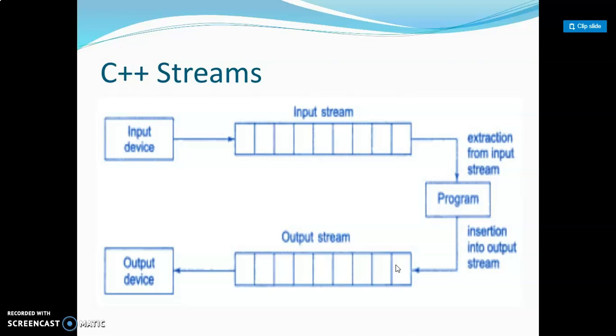As I said earlier, a stream acts as an interface between the program and the input and output device. Therefore, a C++ program handles data independent of the devices used.